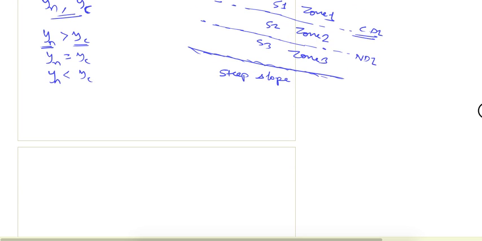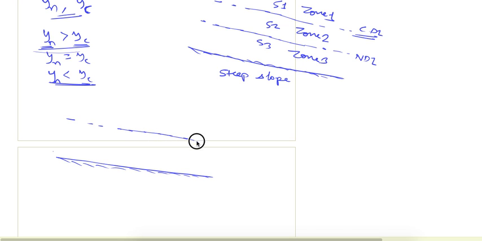Now, we considered first yn greater than yc and then yn less than yc. Third is yn equal to yc. It means the channel slope is such that the uniform flow is occurring at critical depth, so NDL and CDL will be at the same level.